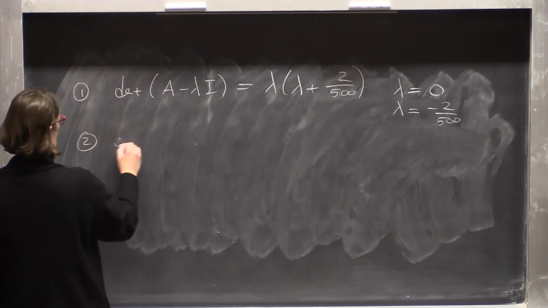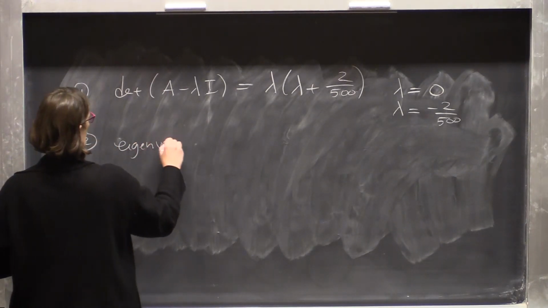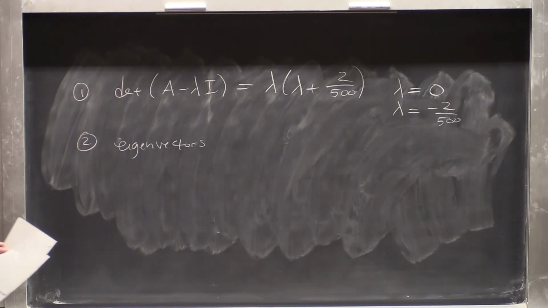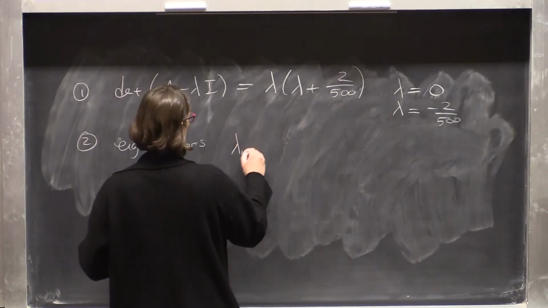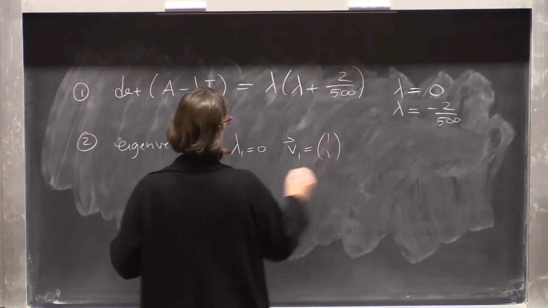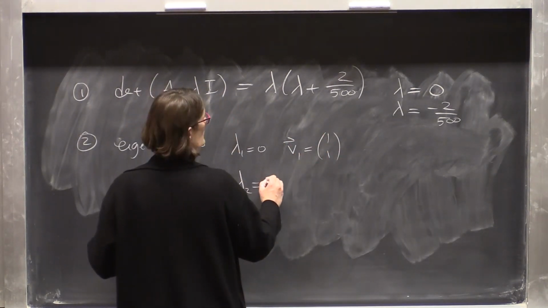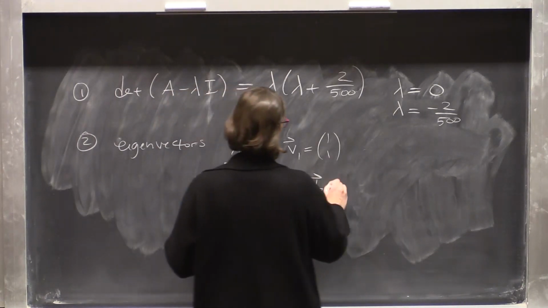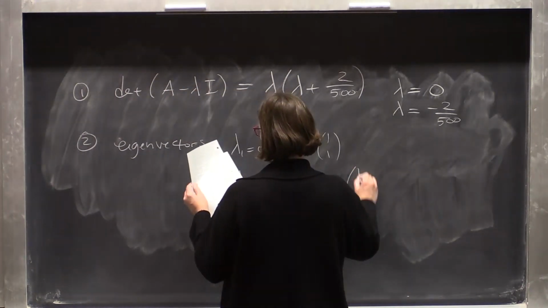When we look for the eigenvectors, we have to solve two linear algebra problems. And we get that lambda 1 equals 0 has eigenvector 1, 1. And lambda 2, which is minus 2/500, has eigenvector 1, minus 1.